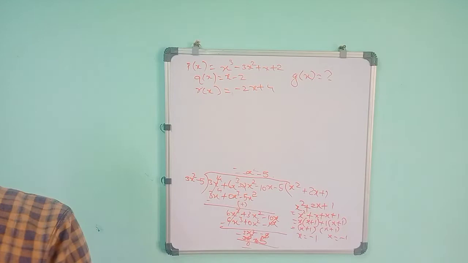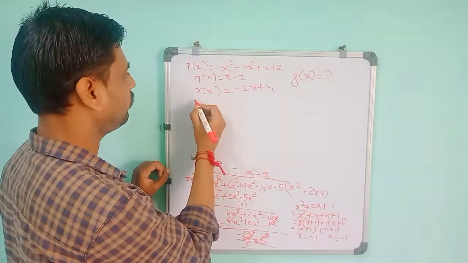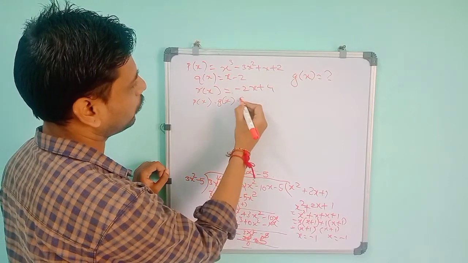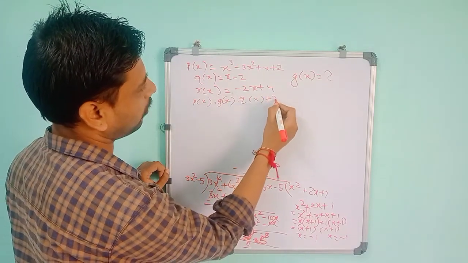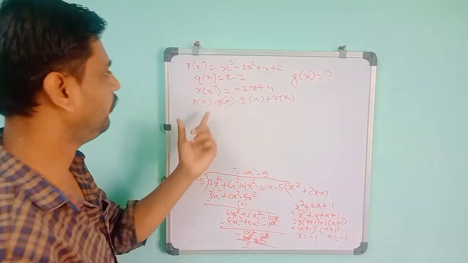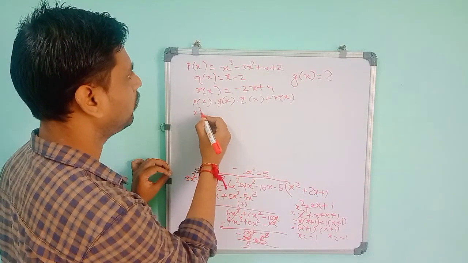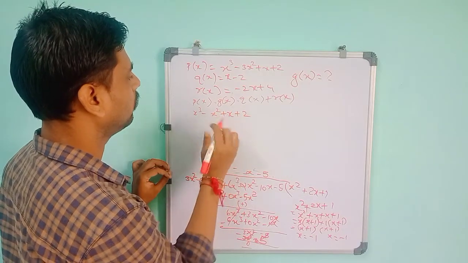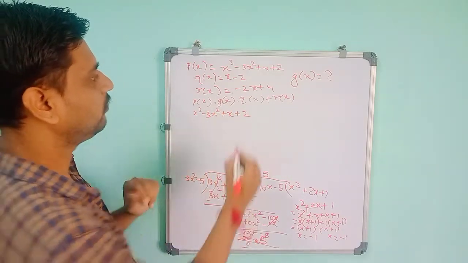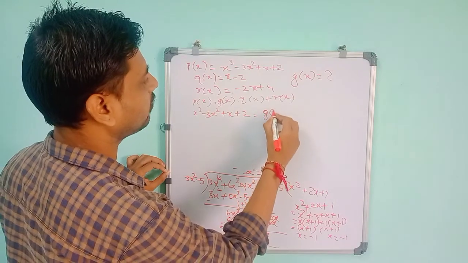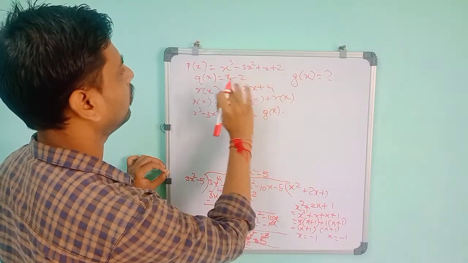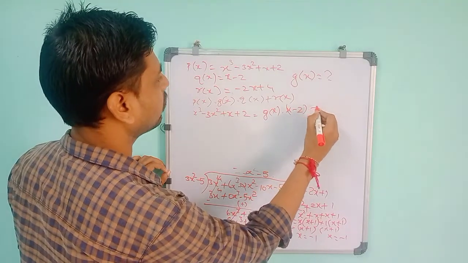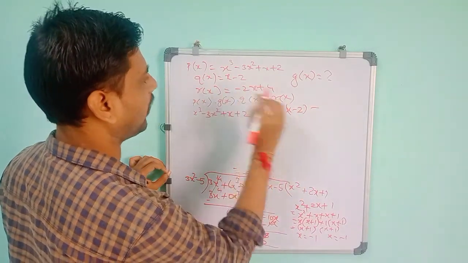For this one you take the general formula, that is p of x equal to g of x into q of x plus r of x. They have given p of x as x cube minus 3x square plus x plus 2, q of x is x minus 2, and r of x is minus 2x plus 4.